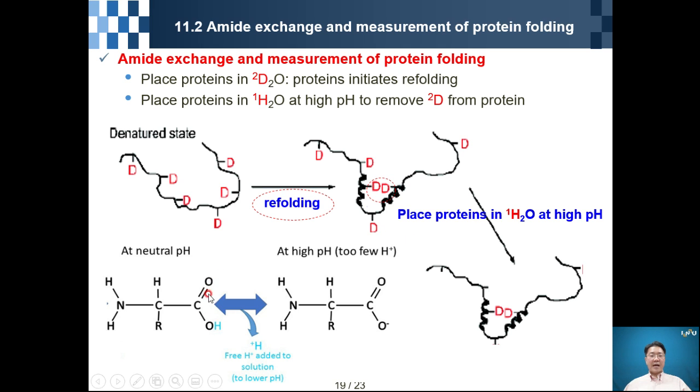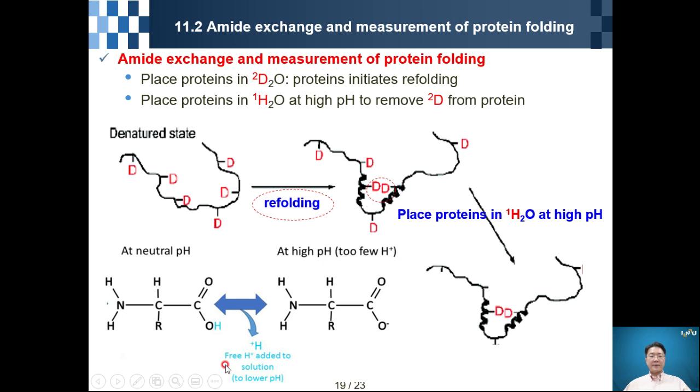This is the amino acid at neutral pH. This is the amino group and this is the carboxyl group, and the carboxyl group has the proton like this at neutral pH. When we put this amino acid at high pH, the H plus level is very low.